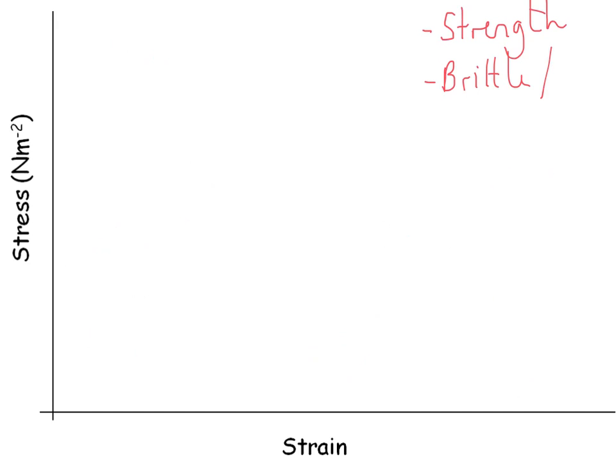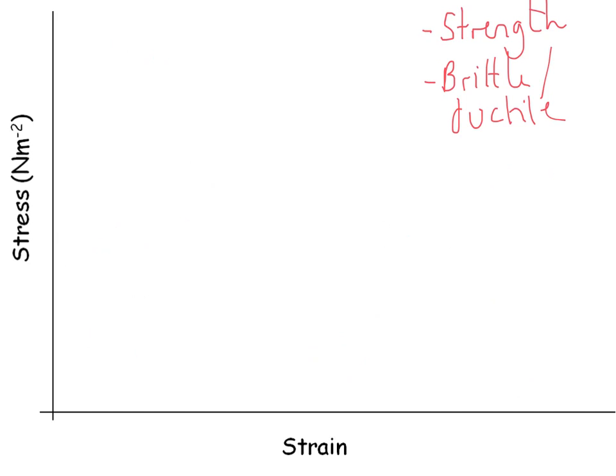or if it's ductile. So what do I mean by that? A brittle material is one where, as you stretch it and increase the strain, it will reach its yield point and then break really quickly. So it has no real plastic region.